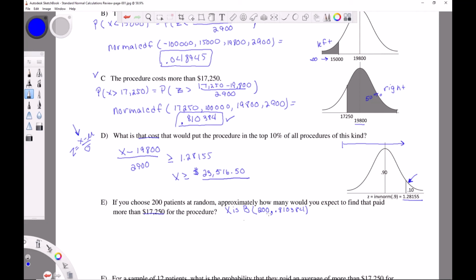Now, expect is another way to say mu, and mu equals n times p, right? So here mu of x equals 200 times 0.810384, and our answer for this would be 162.077 patients.